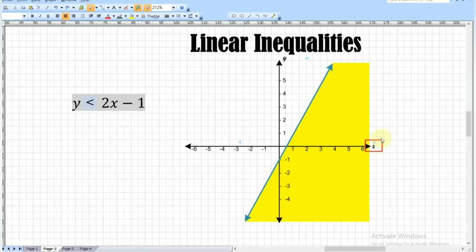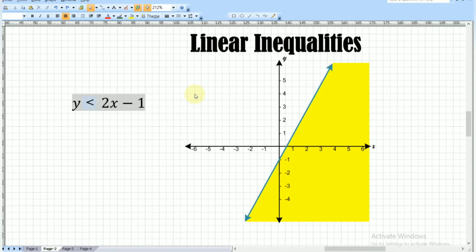It means all ordered pairs inside the yellow one will satisfy this inequality. But since there is no equal sign, all ordered pairs on the straight line won't be the solution. So only the ordered pairs inside the yellow shaded area are the solution, but not the straight line itself.